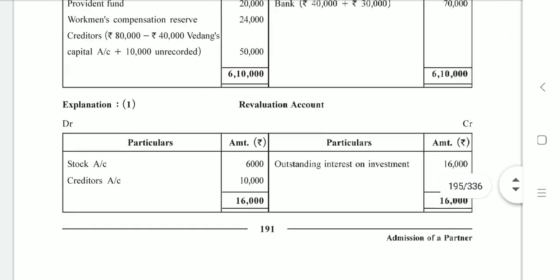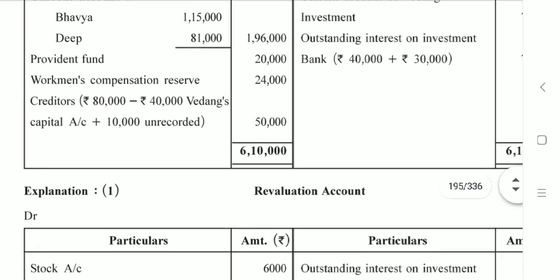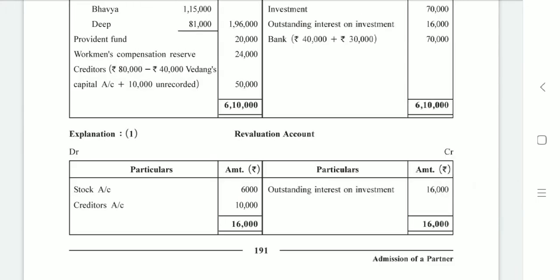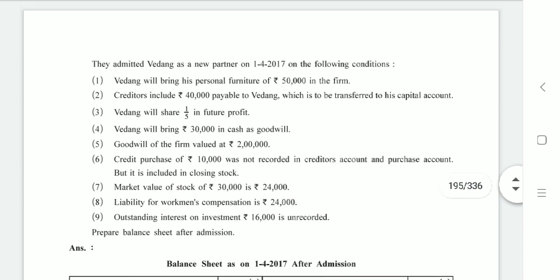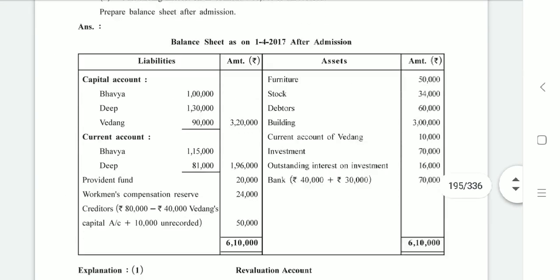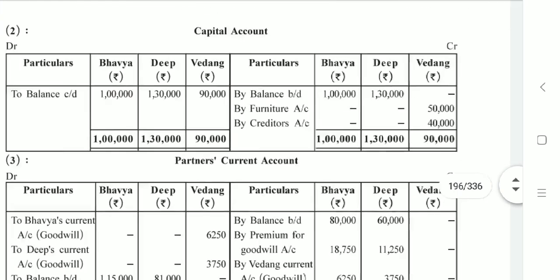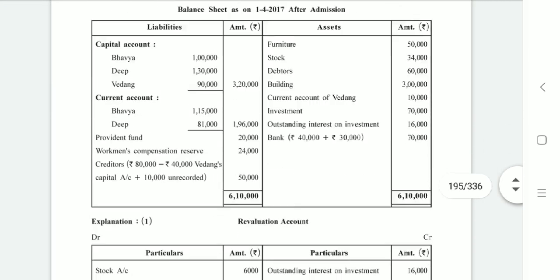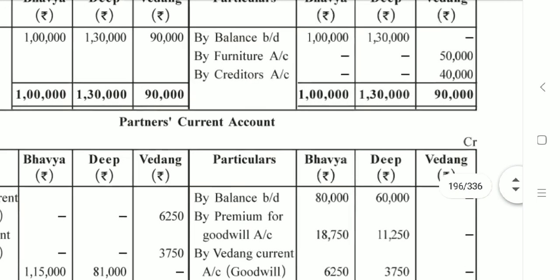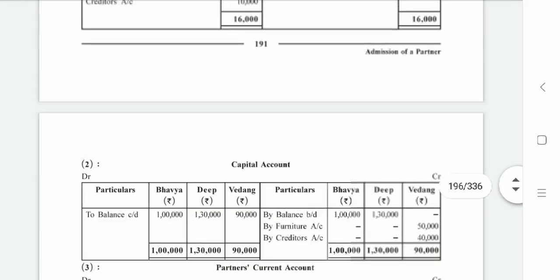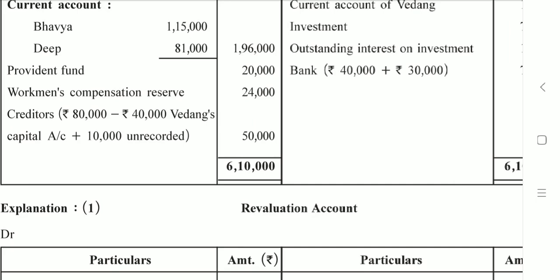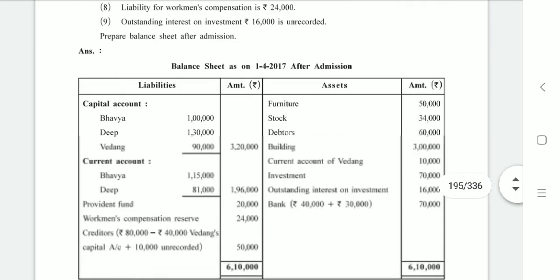One effect we put here, 10,000, and one effect in the balance sheet. As I said, all the adjustments have two effects. Like furniture: the first effect was here in the capital account, the second effect was in the balance sheet. Then creditors: the first effect is here in Vedang's capital account, the second effect is in the balance sheet, 80,000 minus 40,000. So as I said, all the adjustments are having two effects.